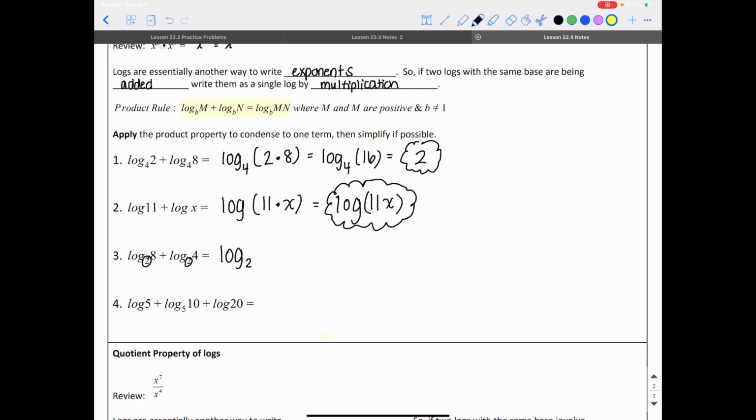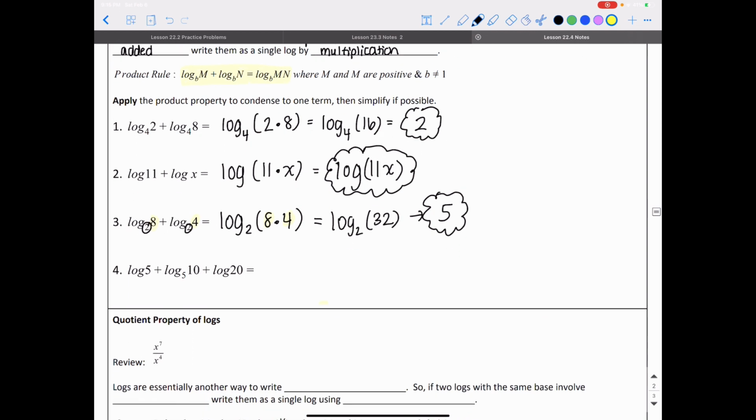It's going to be log base 2 of 8 times 4. I'm multiplying those two numbers together inside of the logarithm, and that's going to give me log base 2 of 32. 2 raised to what power gives me 32? I can answer this. The answer is 5.